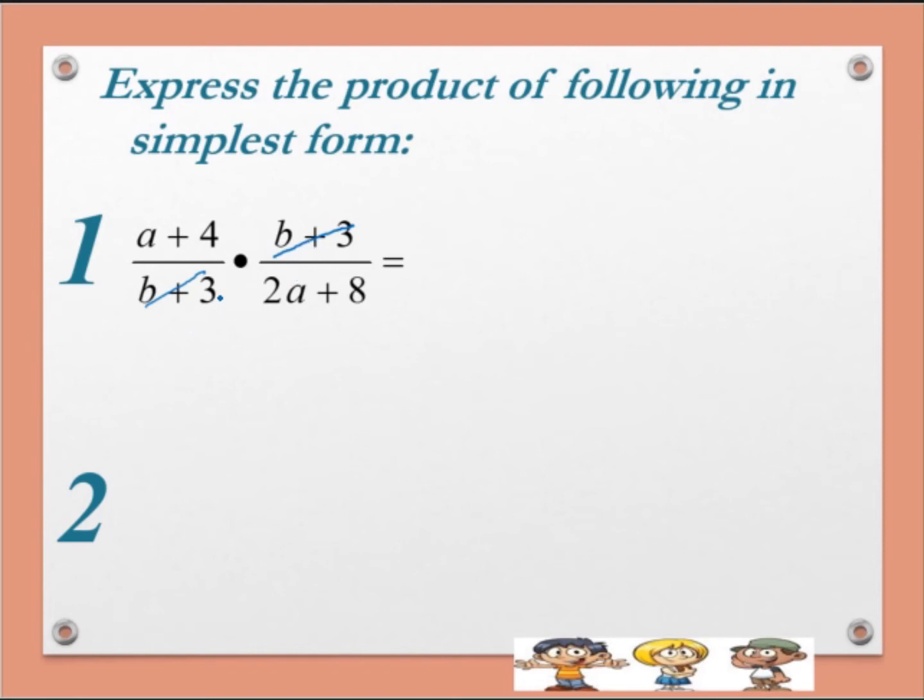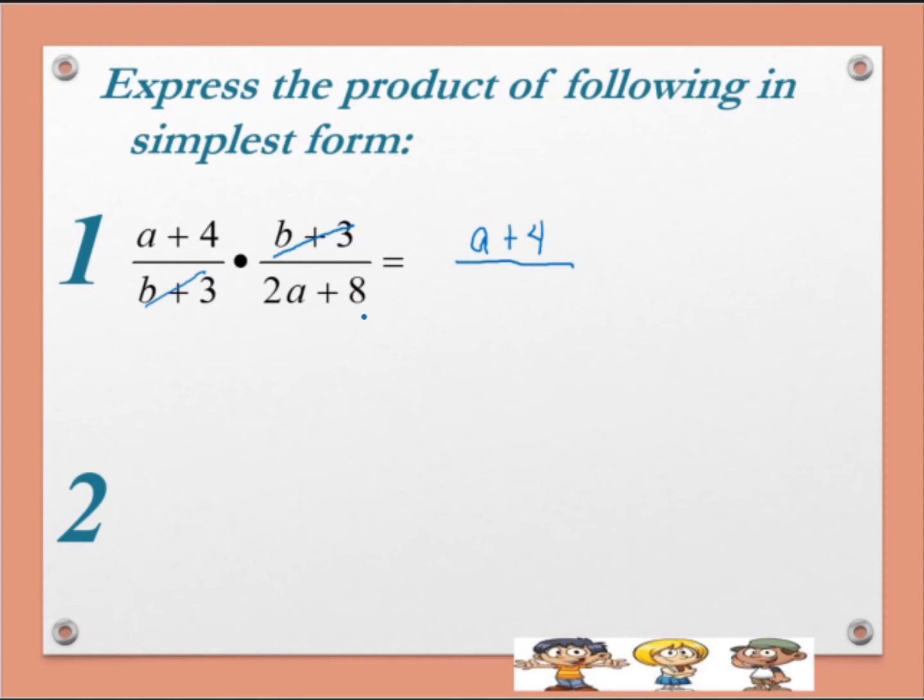Any number divided by itself is equal to 1. Then, what remains in our numerator is a plus 4. And for our denominator, we have here 2a plus 8.